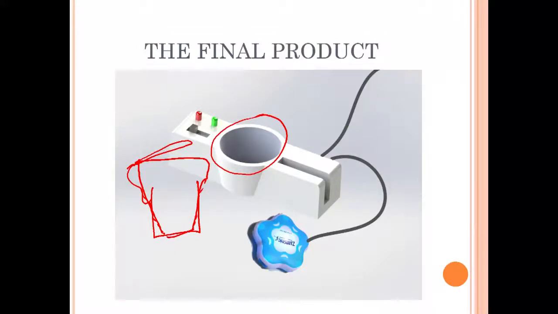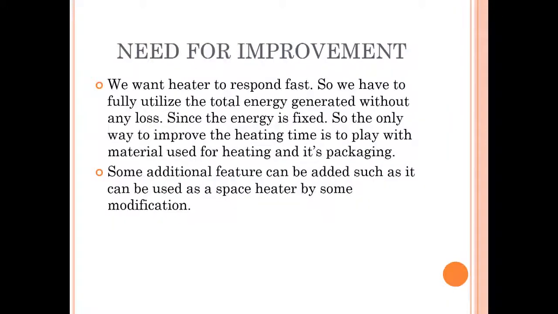The rate of heating is not a critical issue anymore. You just store the total amount of calories that are required. And then after having done this, the students have tried to improve the packaging and then heating. Additional features can be added such as a space heater by some modification.